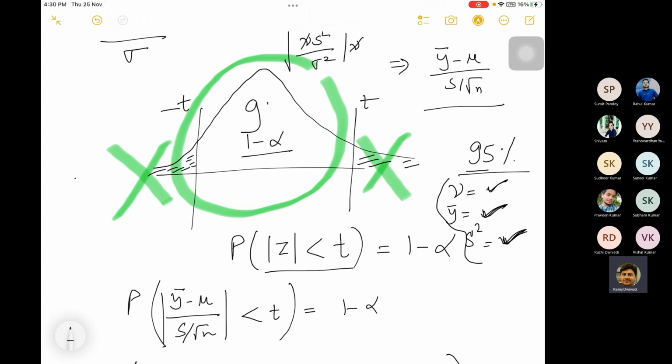So with 95% probability, you are asking me about the confidence interval of the population mean. That means this is the 95%. So where are the 5%? The high percent here and high percent here. That means 5 by 2 here, 5 by 2 here. So this critical value is T alpha by 2 comma mu, here positive, here negative.